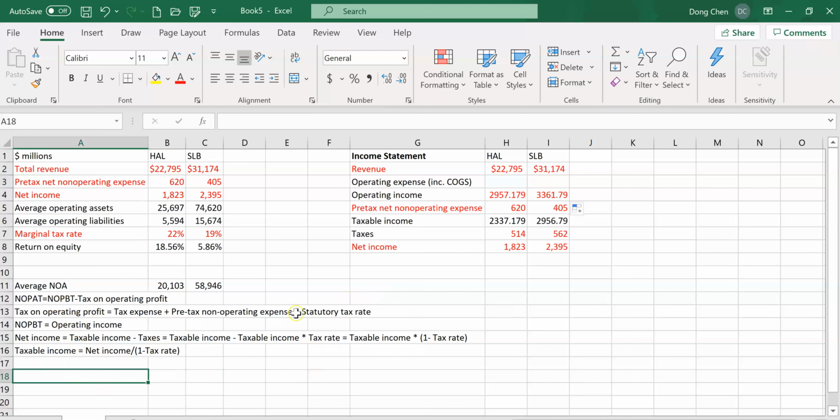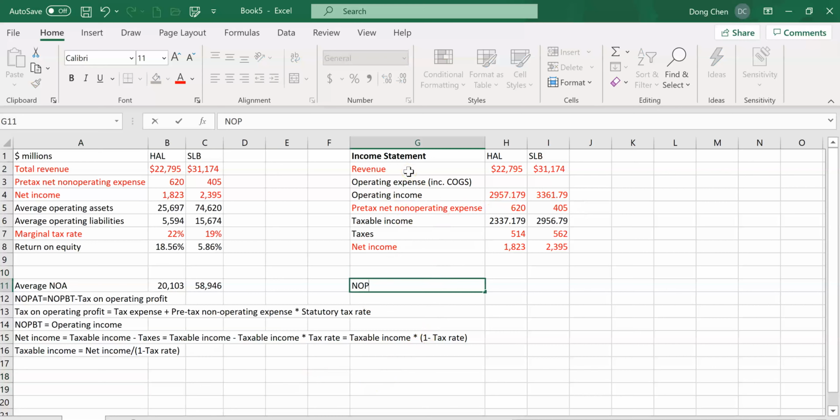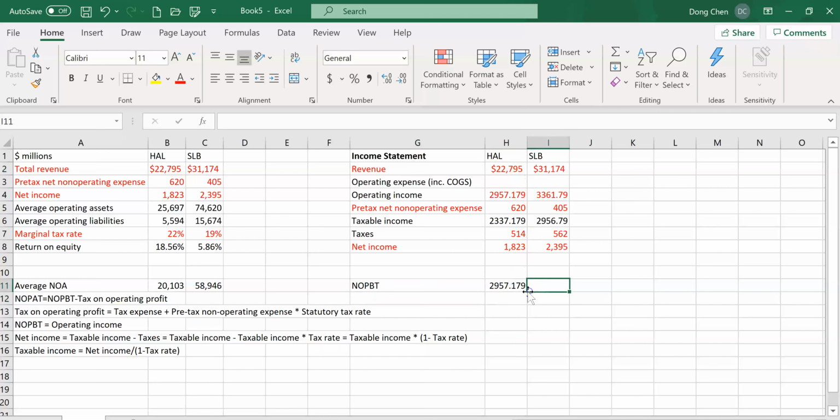And now we can calculate NOPBT. NOPBT is simply operating income here. So NOPBT, this is simply the operating income for both companies. So let me pull the cell.